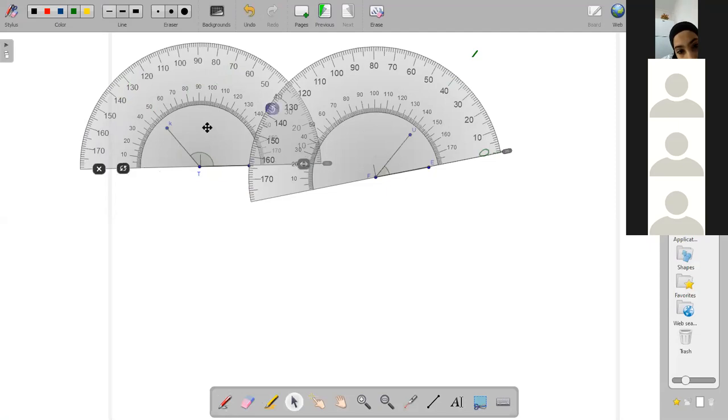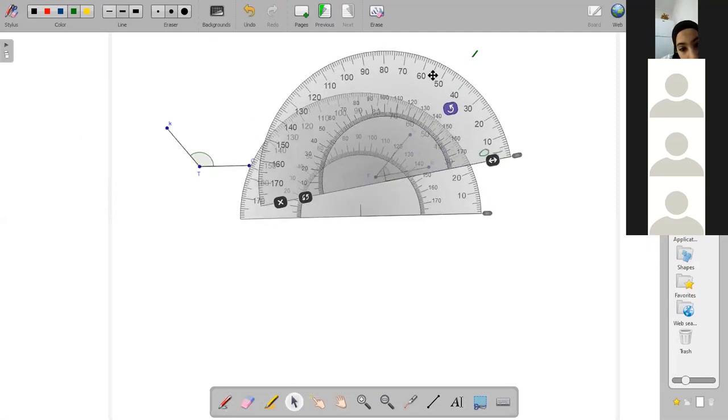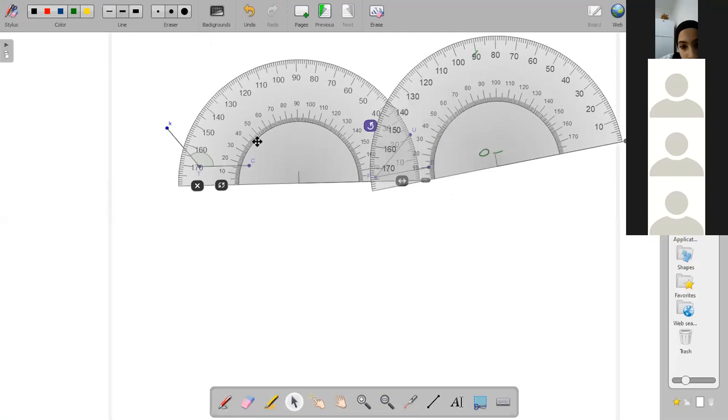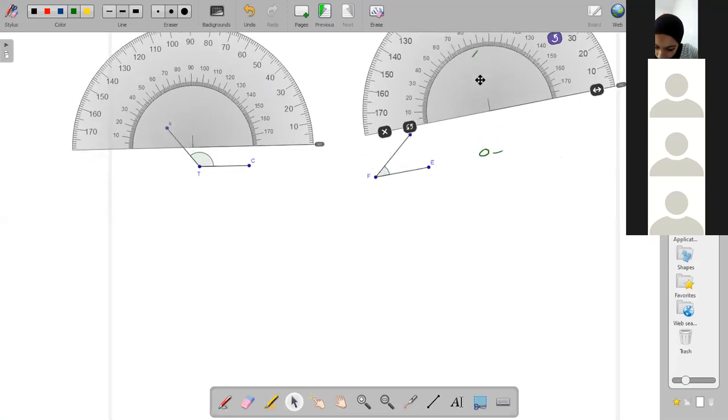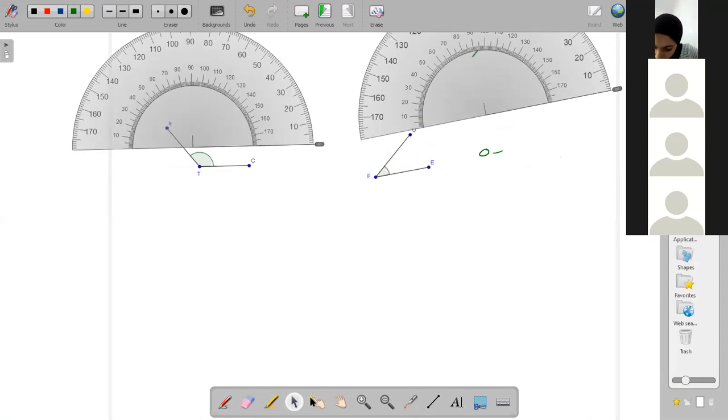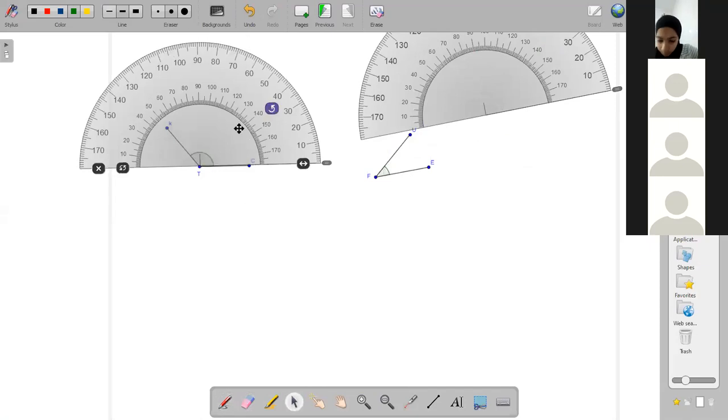First, Jude, I will place the center of the protractor at which point? At T, because it's the vertex. Look at my protractor.